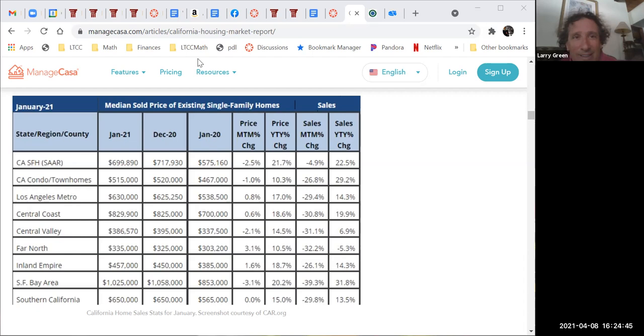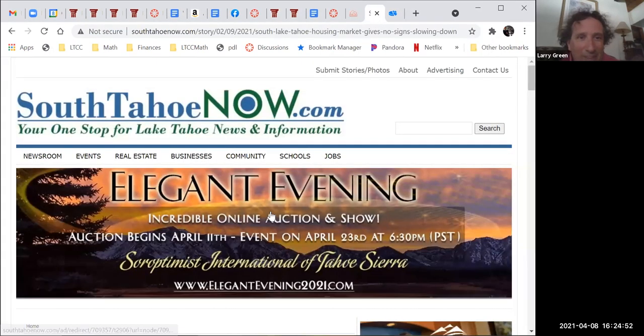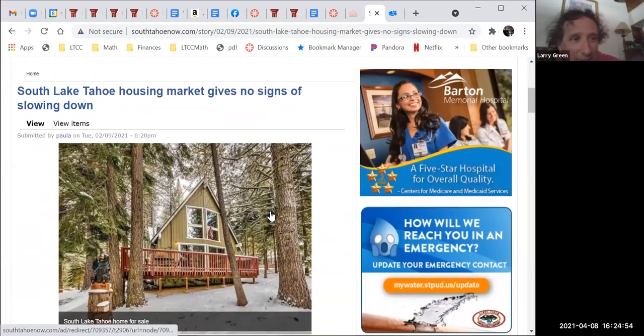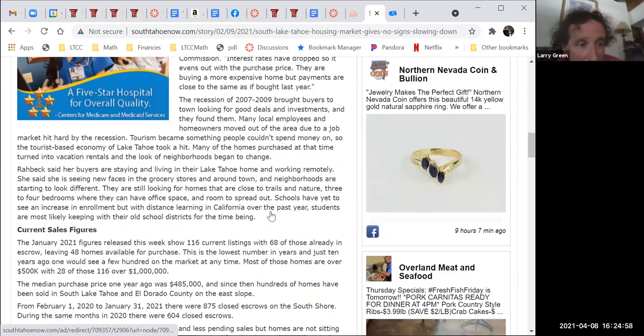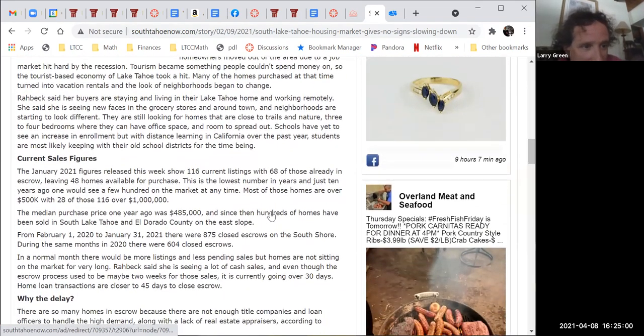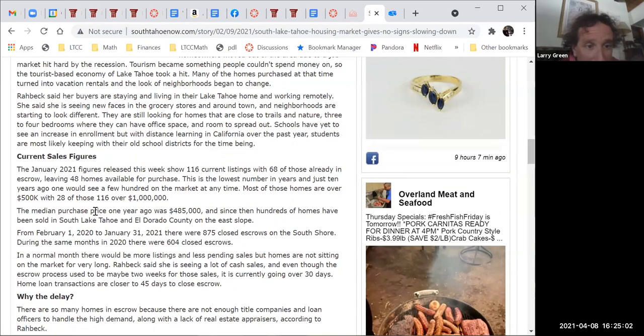So now let's go to Tahoe, because that's where I live. That's where my house is. So now I have to go to South Tahoe, and I found an article on housing prices. And we know the median purchase price, it said somewhere, the median a year ago was $485,000.